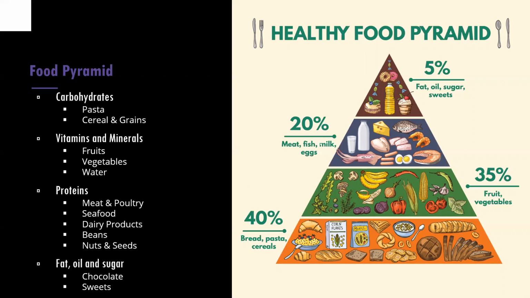I mean, are not made of milk, but they are in this category, in the dairy products category. Then on top, you have fat, oil, and sugar, which is supposed to be the category you eat the least. Here you have chocolate, sweets, oil, and others.